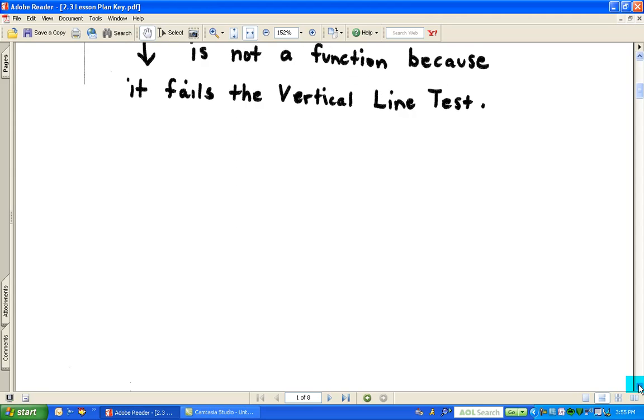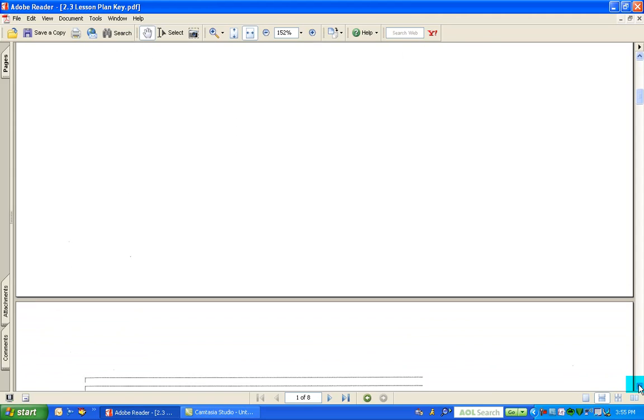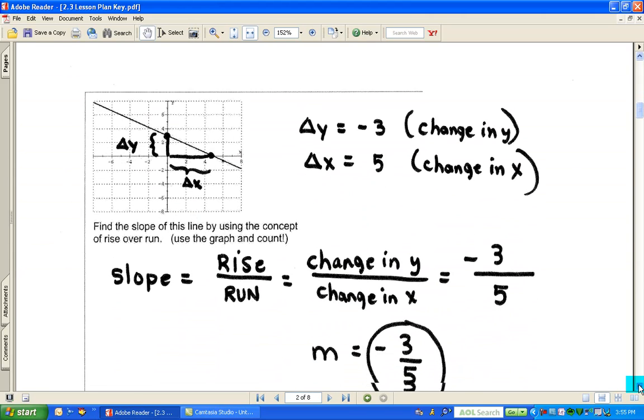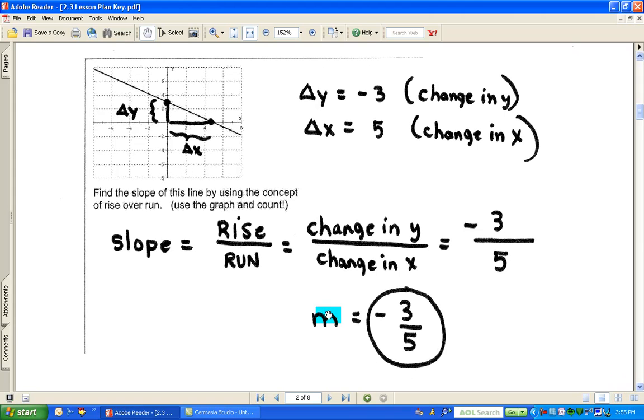Okay, now let's tighten up the concept of slope a little bit more. Some of you have been taught that slope is rise over run, which is a good thing to know. Slope can be measured as a fraction. The top number represents the change in y, which is the up or down movement.